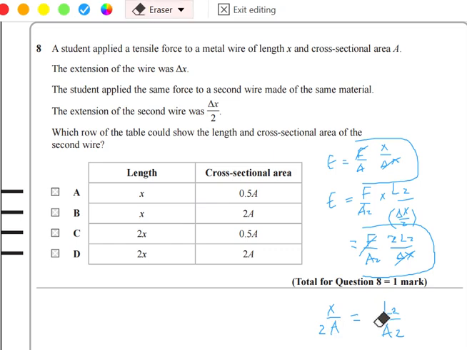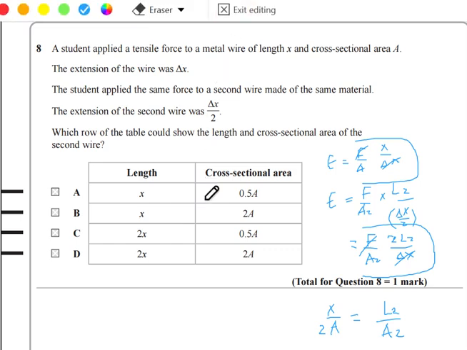This is proven from what we got here. So we need any length over a cross section that matches this value.